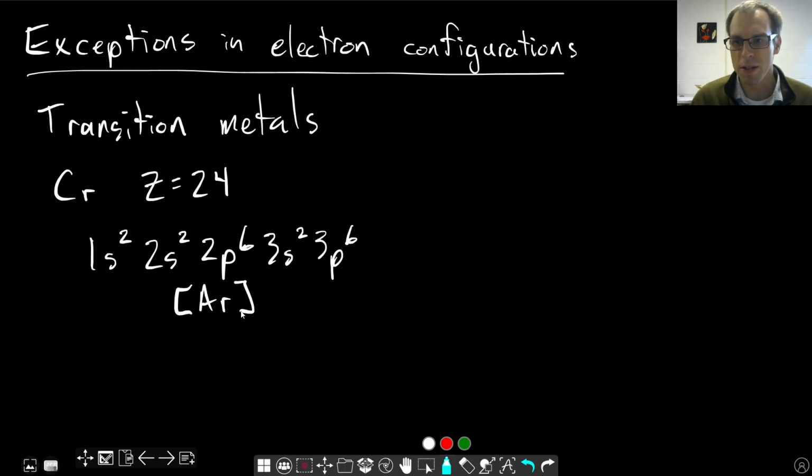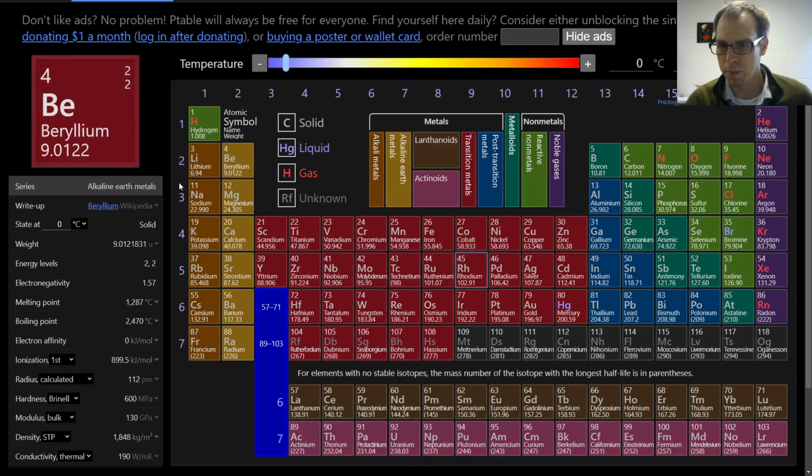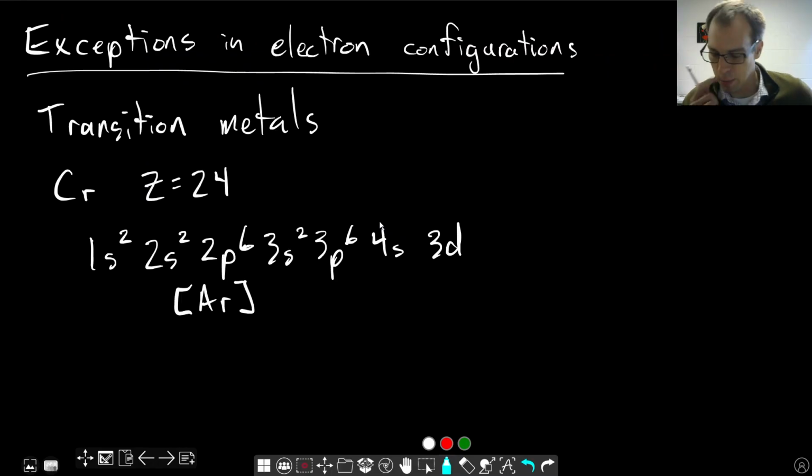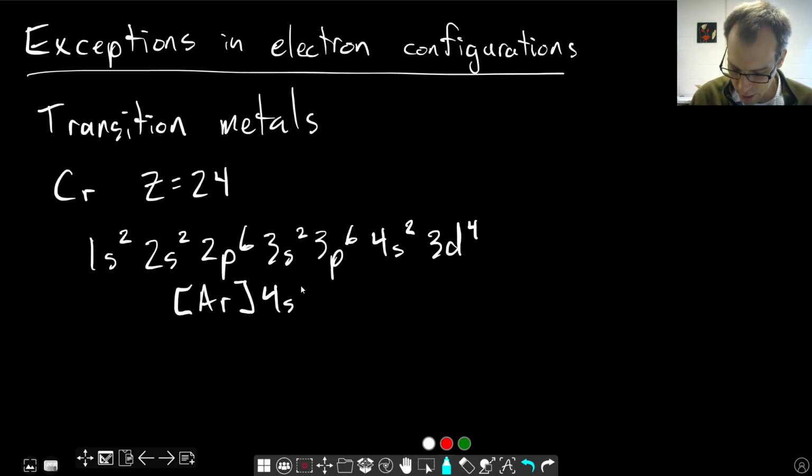So if we write this in condensed form, we would put argon here. And now the question is what happens as we fill in the 4s and 3d orbitals. If we just kept filling as we normally would, we would put 2 electrons in the 4s orbital and 4 in the 3d orbital. So you might expect this to be 4s2, 3d4. But the actual electron configuration does not follow this.